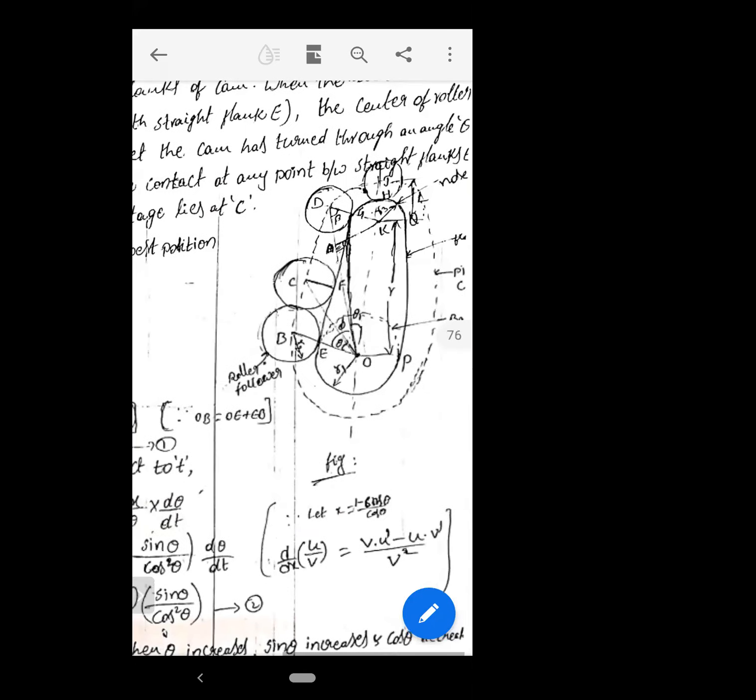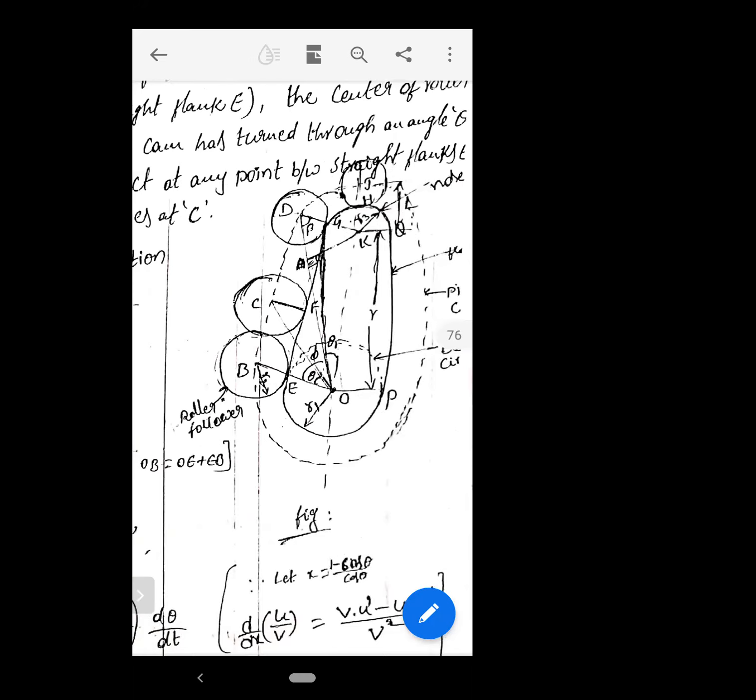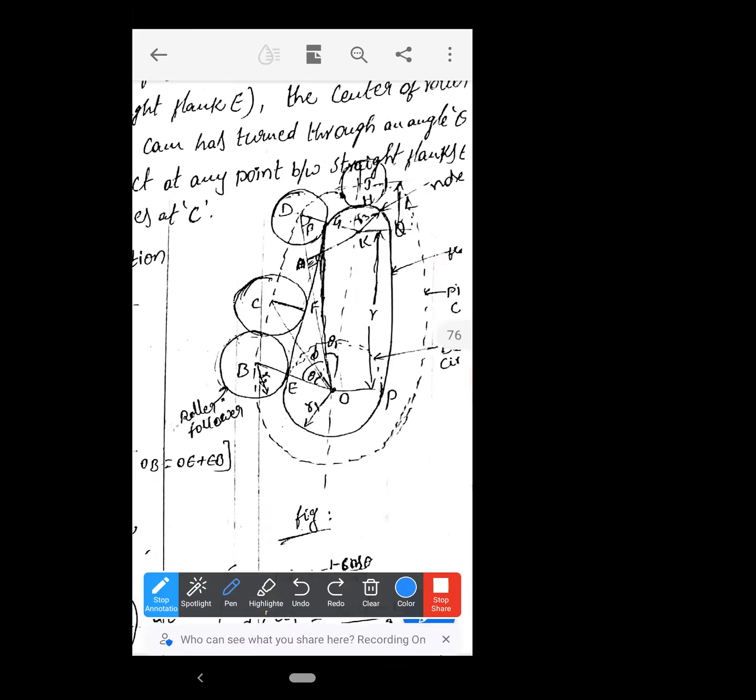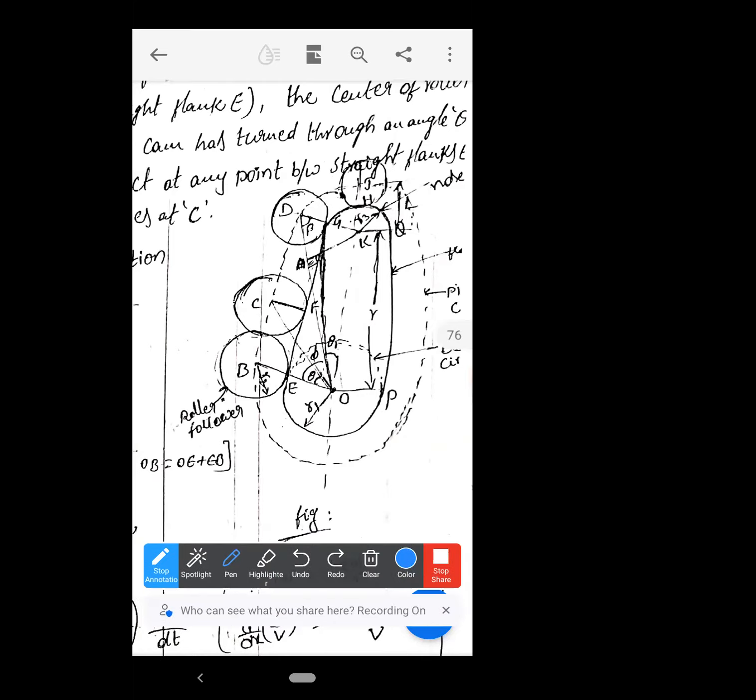Just observe the diagram. This is our cam profile. The bigger circle arranged at the bottom side is called the base circle.